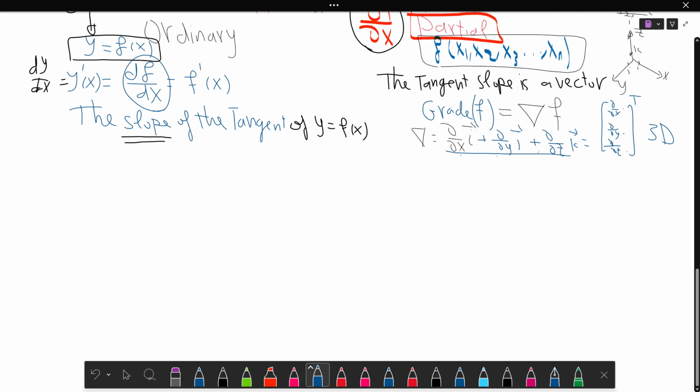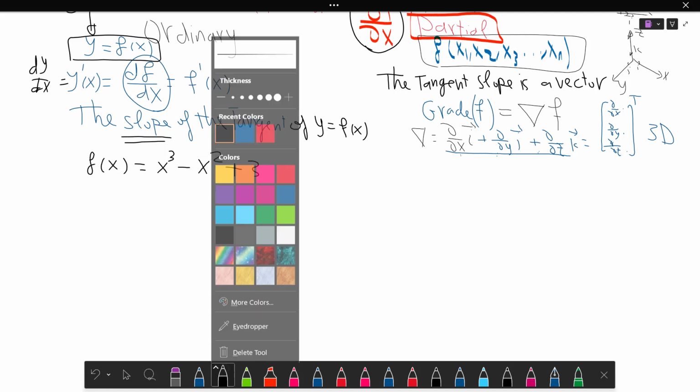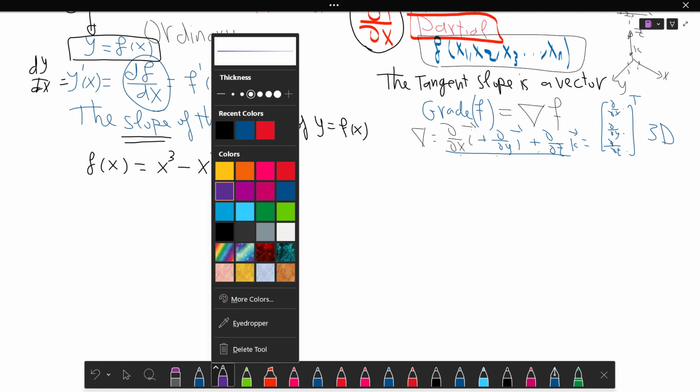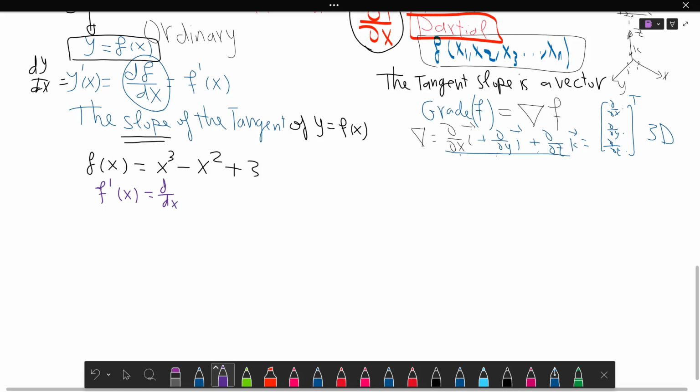Let's go for one example, right? If I go for one variable, you can write f of x equal to x cubed minus x squared plus 3. So you would like to find the first derivative, right? So you need f dash of x, or you can write it d by dx for f, right?